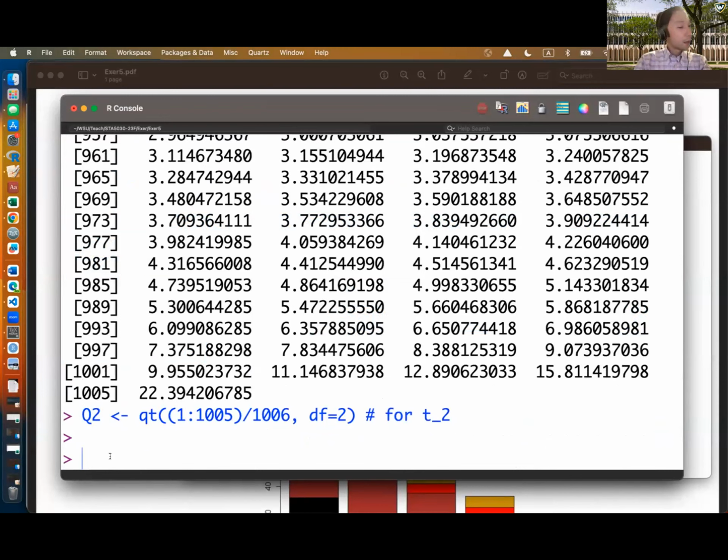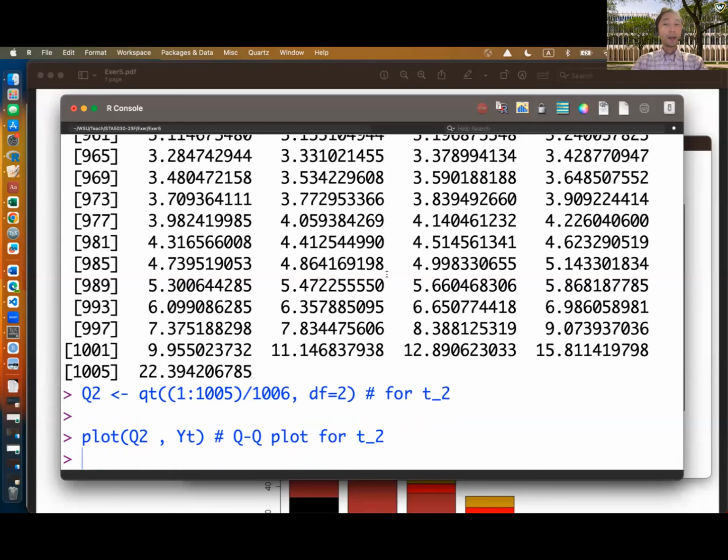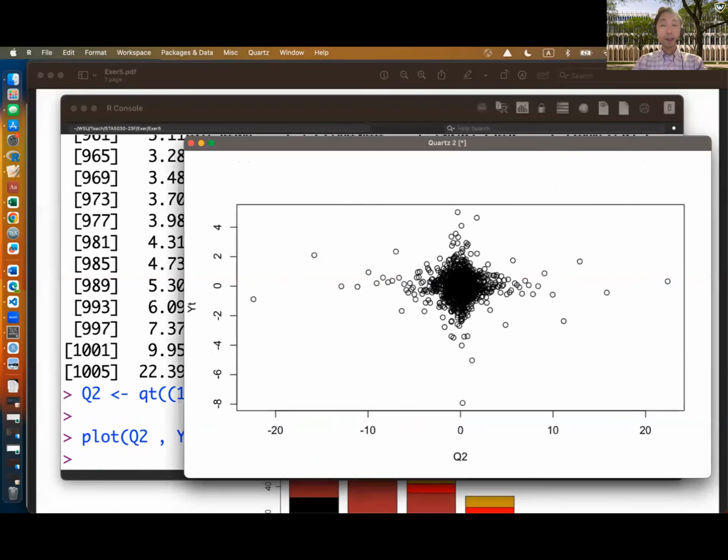And now we want to create the QQ plot. The sample quantiles are Y sub t, and the theoretical quantiles are Q2. So basically we do this, the QQ plot for T2. Actually this isn't really the answer, but it makes this graph.